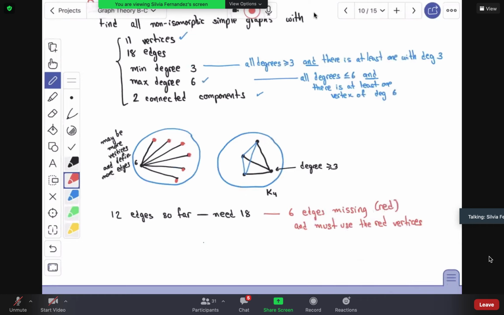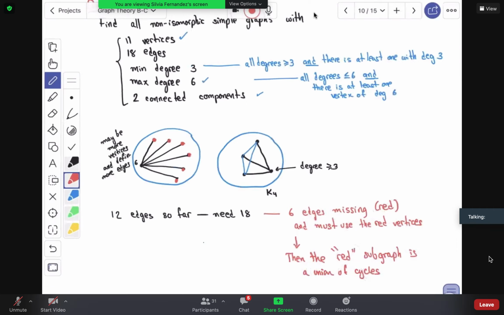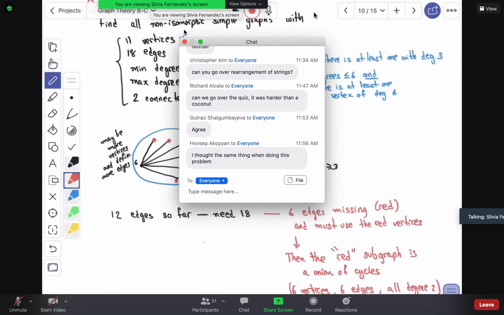So let me just say that the red subgraph is a union of cycles. So 6 vertices, 6 edges, all degree 2. Degree 2 is what's missing for each one of those vertices. They already have 1 black edge, and they need to have 2 red edges. So the only possibility is to make a C6 or 2 C3s.